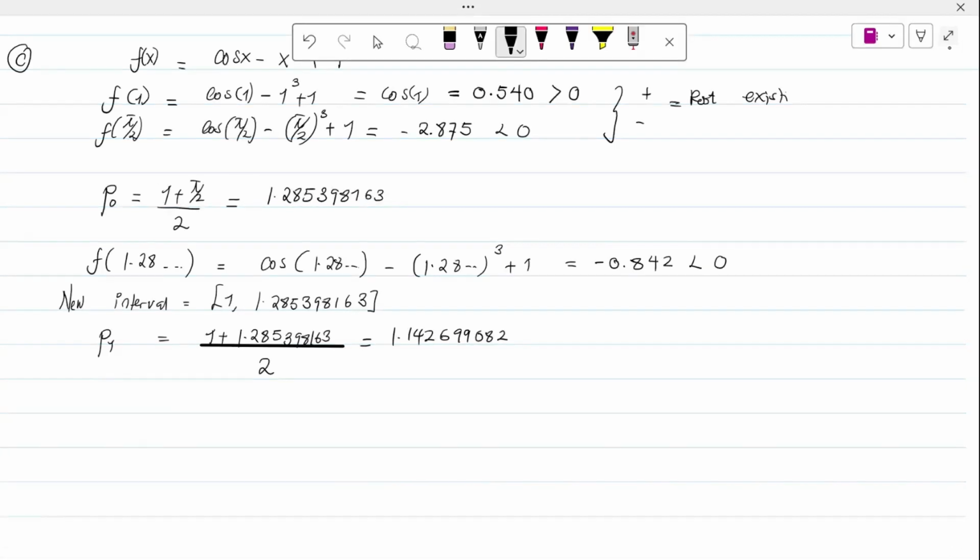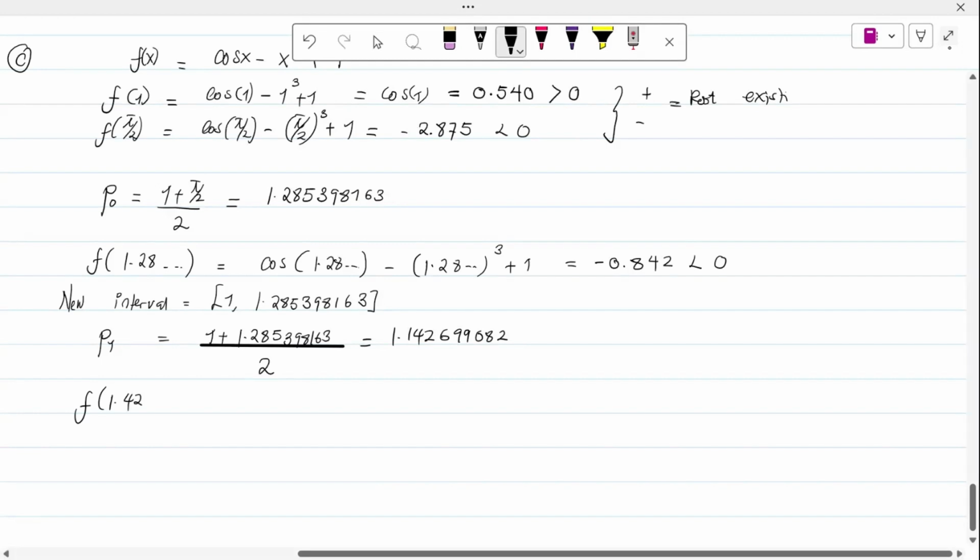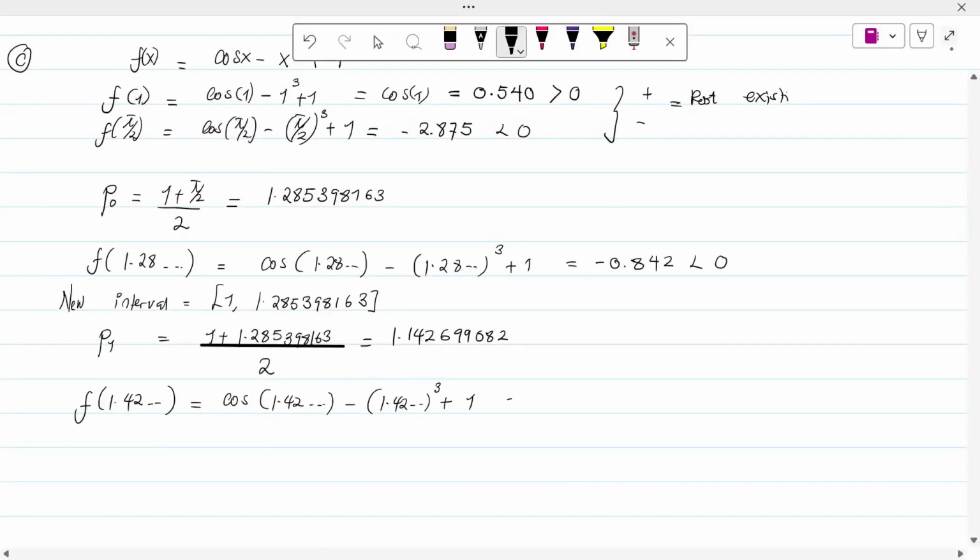So this is our P2, and now let's take this P2 and put it in the function. So f of 1.42, whatever, you can finish those values. Then cosine of 1.4, and have you put in radians, right? Don't forget that, to the power 3 plus 1.